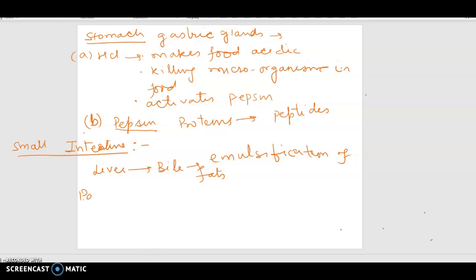Similarly, the pancreas also secretes pancreatic juices, which have trypsin and lipase.